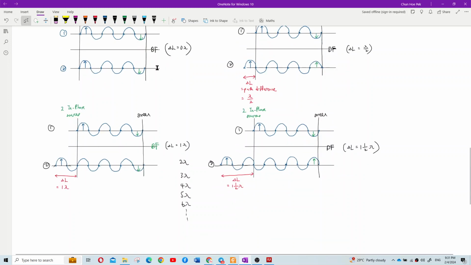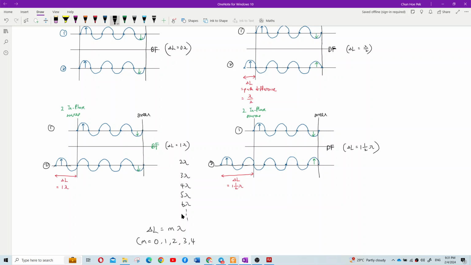When the path difference is 0 lambda, 1 lambda, 2 lambda, 3 lambda, and so on, I can make a conclusion that when delta L is in the form of m lambda, where m starts from 0, the first one is 0, and then 1, 2, 3, 4, 5, 6, and so on.